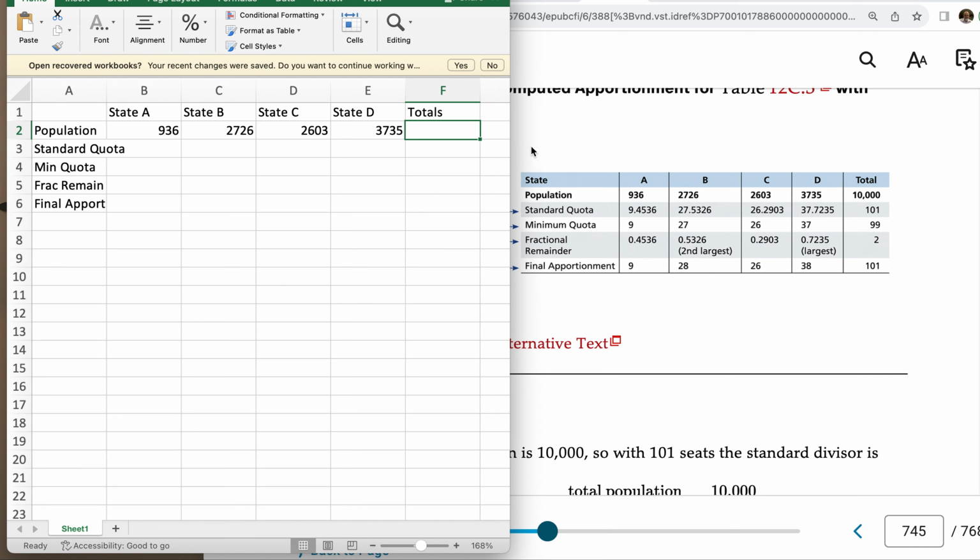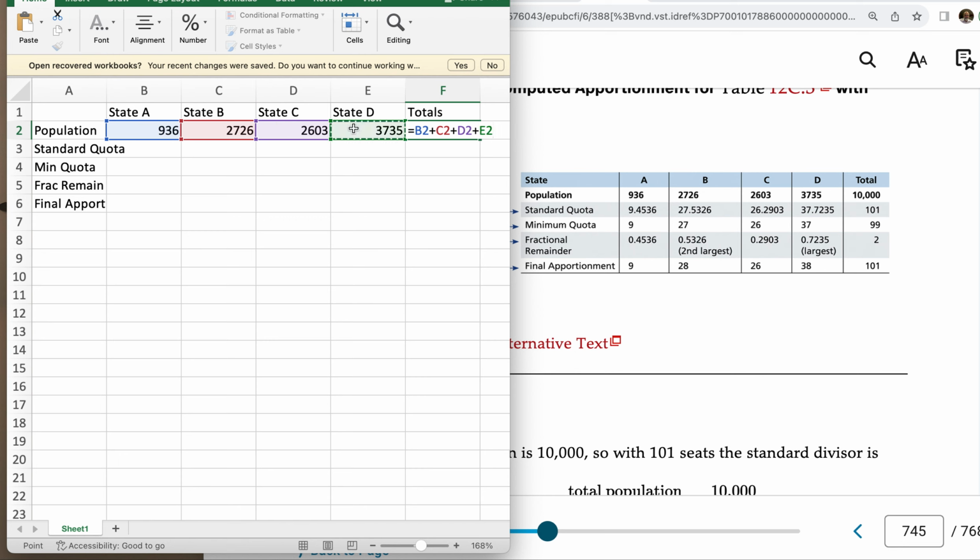Now, totals are something you could pull out your calculator and get. They tell you it's 10,000, but on a spreadsheet, totals are nice because it does it automatically. If you start with an equal sign, that means do a formula that I'm going to say. I can say, add this one plus this one plus this one plus this one.